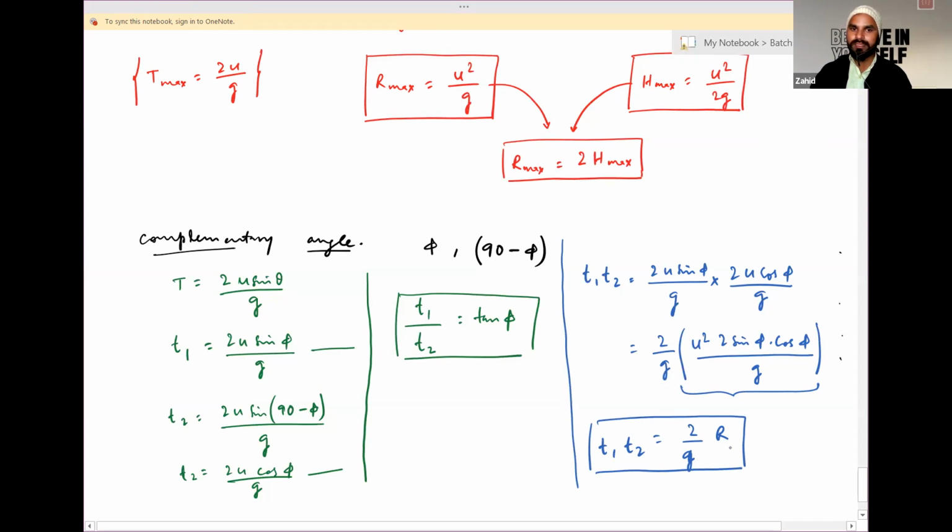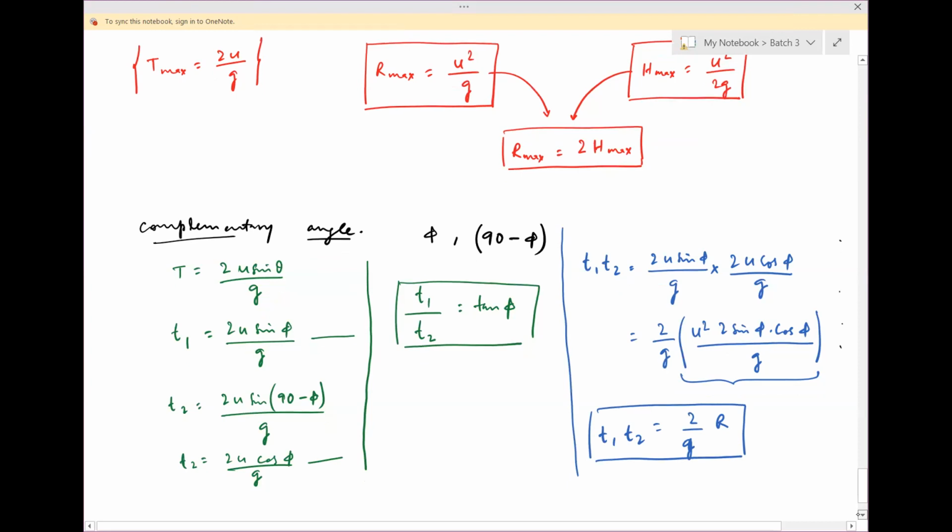Mohammed Umar, is it clear till this part? Yes, sir. Okay, just write it down.